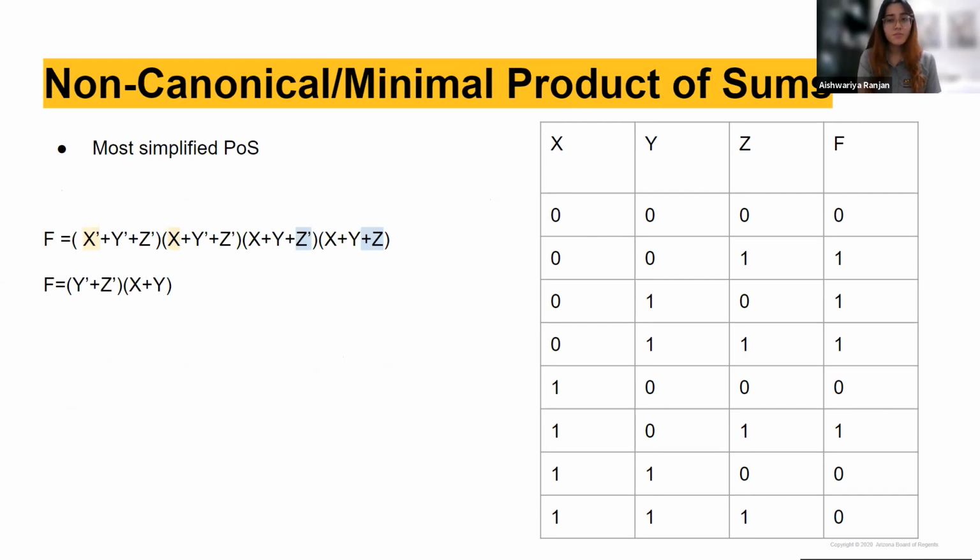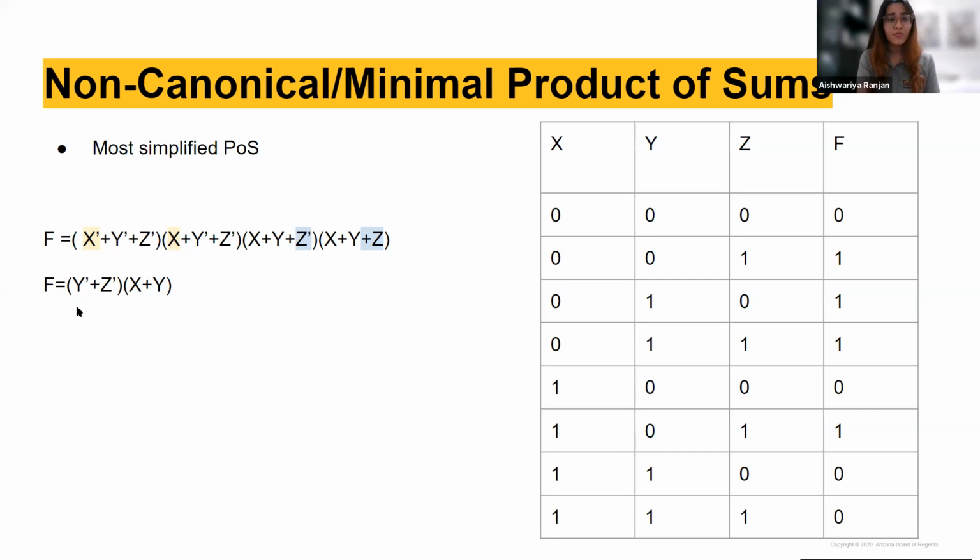A non-canonical or minimal product of sums: if you have your canonical expression, you want to try to simplify it. So you see in these two terms, y bar and z bar are common again.